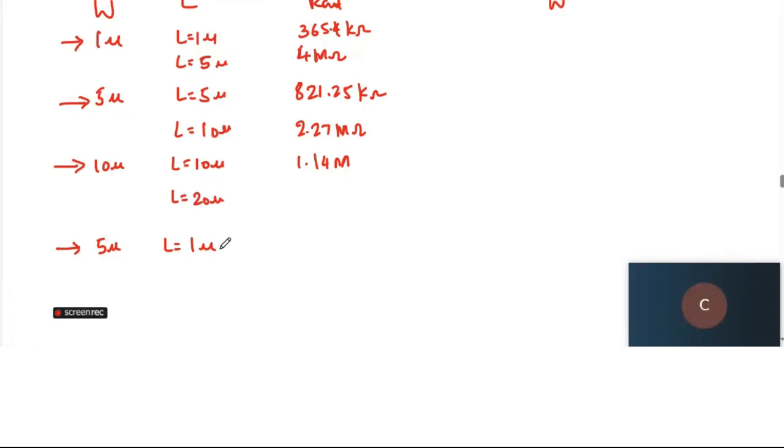So I'm just increasing W, but I'm keeping L minimal, or rather, to ensure more combinations, I'll take up this value. I'll keep W as 10 micro and do another case study.